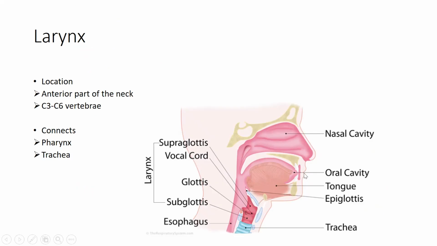Now, the larynx is the organ that will produce the voice. This one is located in the anterior part of the neck, between the bodies of the C3 to C6 vertebrae.